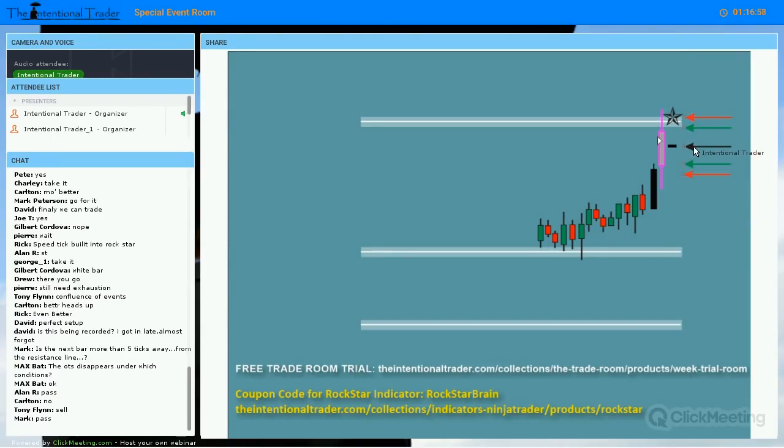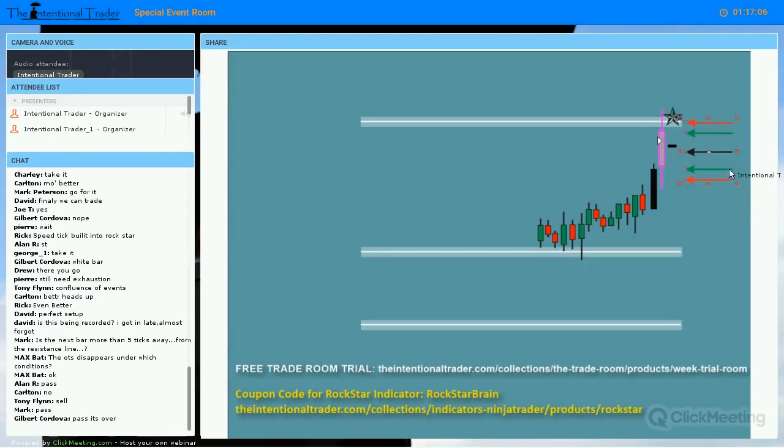Let's move it down just a hair so it makes it a little bit more obvious. Let's change these colors because it's hard to see. Pretend that's green. This is not a qualified trade setup for me. Why?